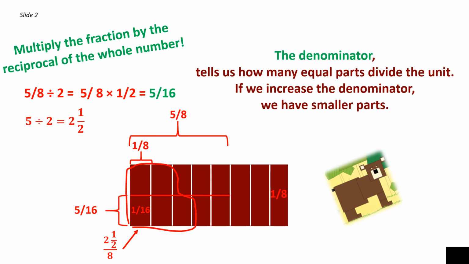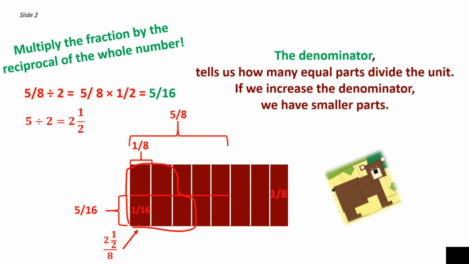On the bottom, we can see the area model for an entire cake, 5/8 of the cake, 1/8 of the cake, and 1/16 of the cake. We see that when we multiplied 5/8 by 1/2, the answer was 5/16. I've circled them here at the bottom.